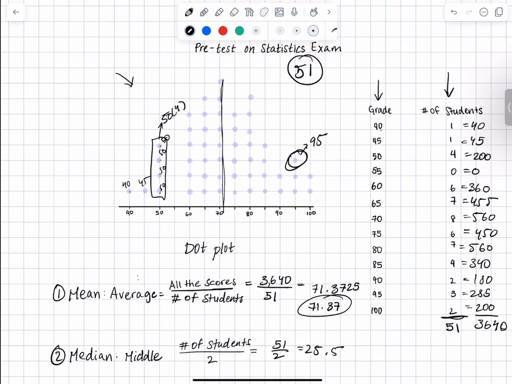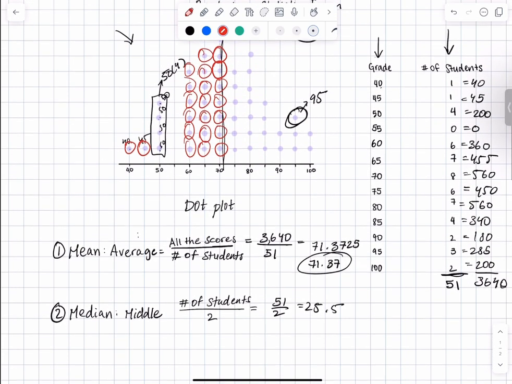So you count to 25. Let's use a different color. 1, 2, 3, 4, 5, 6, 7, 8, 9, 10, 11, 12, 13, 14, 15, 16, 17, 18, 19, 20, 21, 22, 23, 24, 25, 26. So 25 to 26 is within 70. So the middle number would be 70.